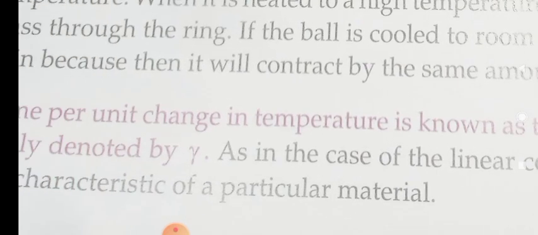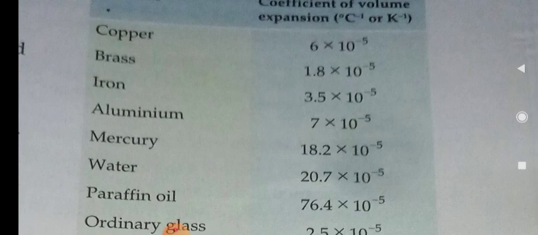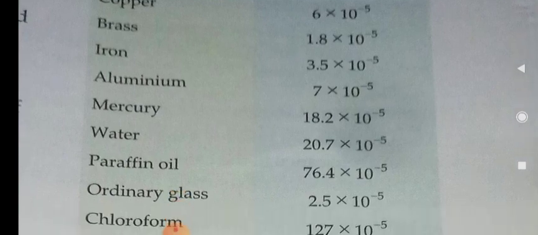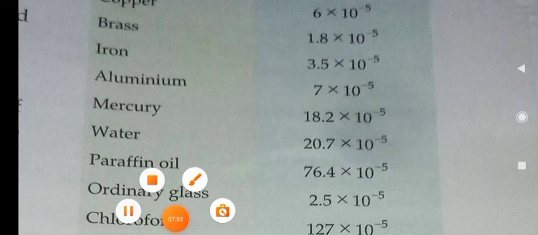Here the coefficients of volume expansion of some materials are discussed. For copper the coefficient of volume expansion is 6 into 10 power minus 5. Brass, 1.8 into 10 power minus 5. Iron, 3.5 into 10 power minus 5. Aluminium, 7 into 10 power minus 5.